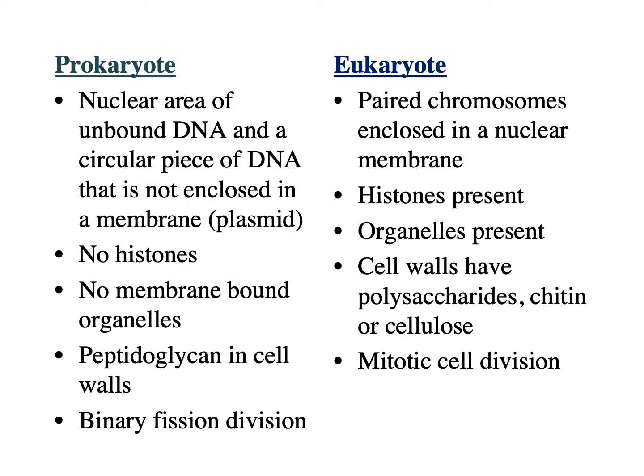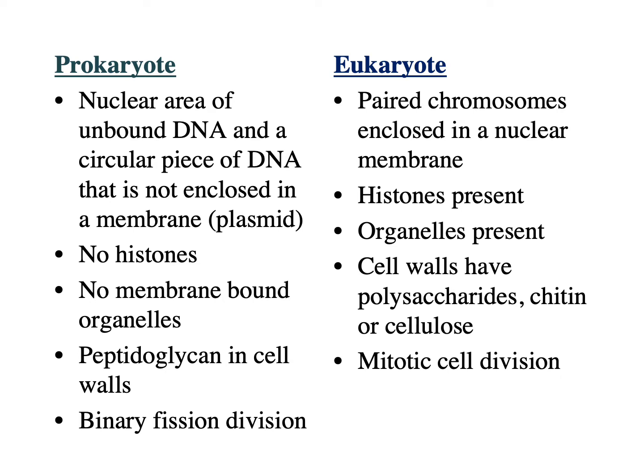When we compare the prokaryotes and the eukaryotes, it's important to know that in prokaryotes there are no membrane-bound organelles. The DNA could be circular inside of a bacteria. It's loose. It's not membrane-bound.